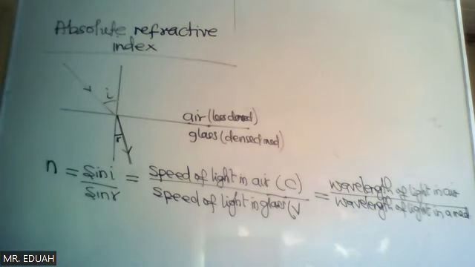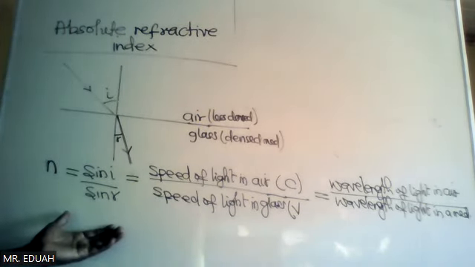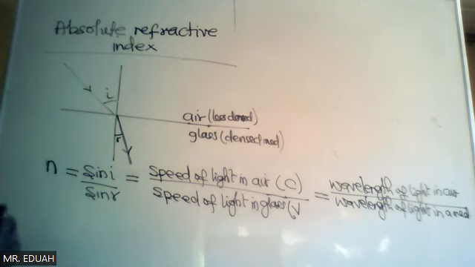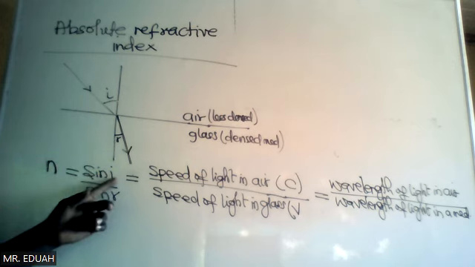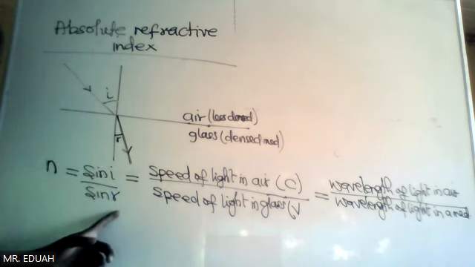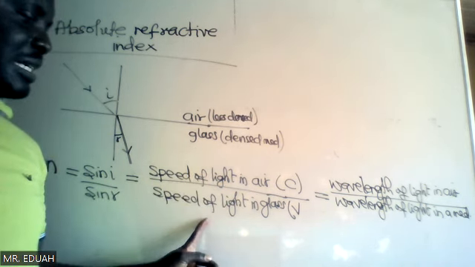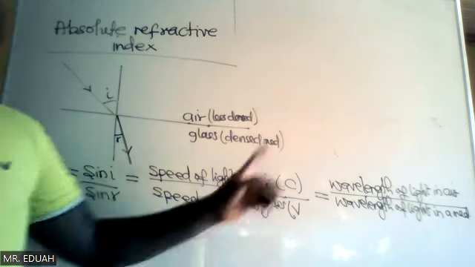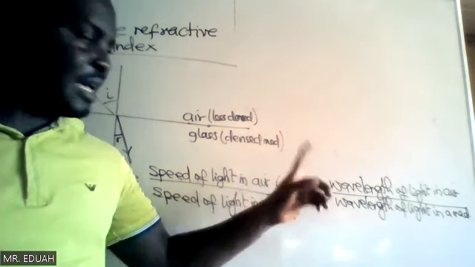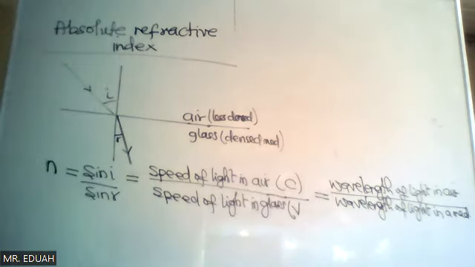So we have expressed refractive index in terms of three different aspects: direction of light in air and in a medium, speed of light in air and in a medium, wavelength of light in air and in a medium.